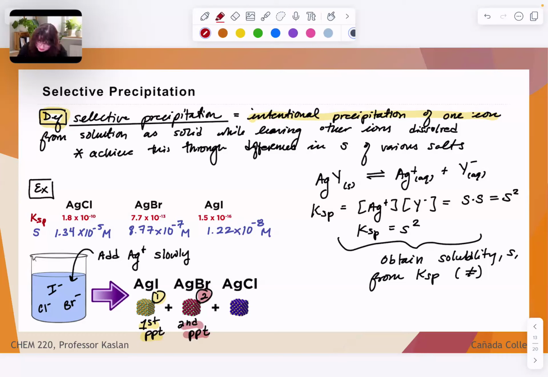And then lastly, silver chloride, which is the most soluble of each. This would require an even greater concentration of silver to be added. So after we had precipitated out the silver iodide and the silver bromide, we would then see the precipitation of the silver chloride. This would be our third precipitate.